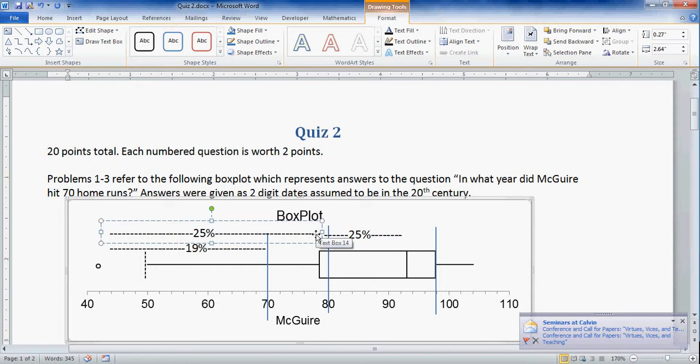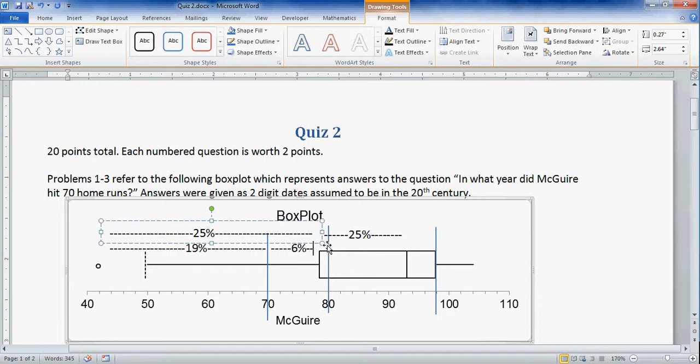So that's that range there, 19%. That means if you look up here, 25% is less than 1978. So that leaves 6%. Just subtract 19 from 25%, and you get 6% belongs right here.